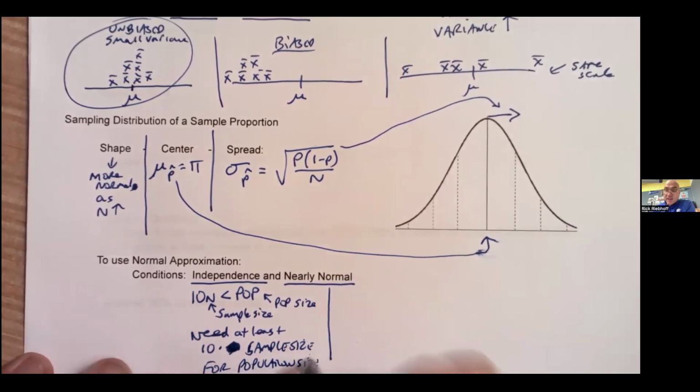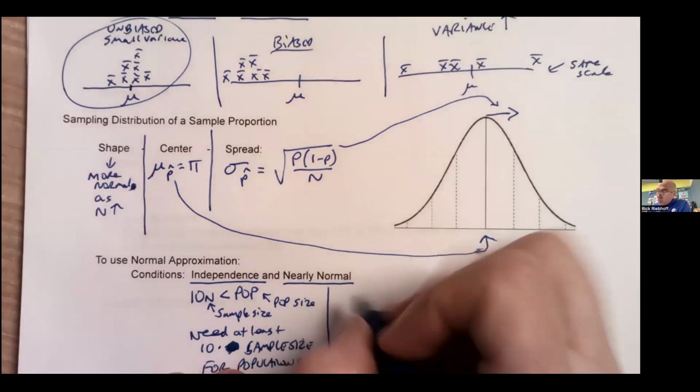The whole idea behind this is we have a population to draw from. We can't be taking too much out because that could change the nature of the population, right? We need that population to be big. We need our sample to be just a subset of it, and that subset can't be over 10%.